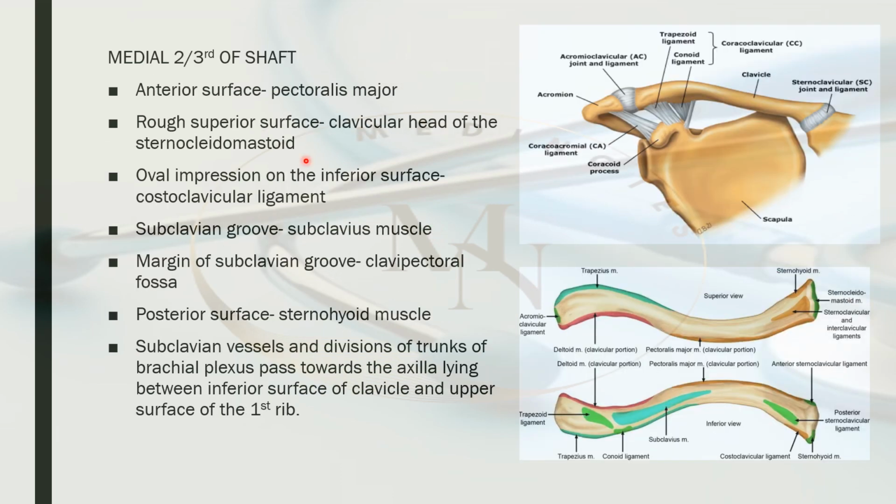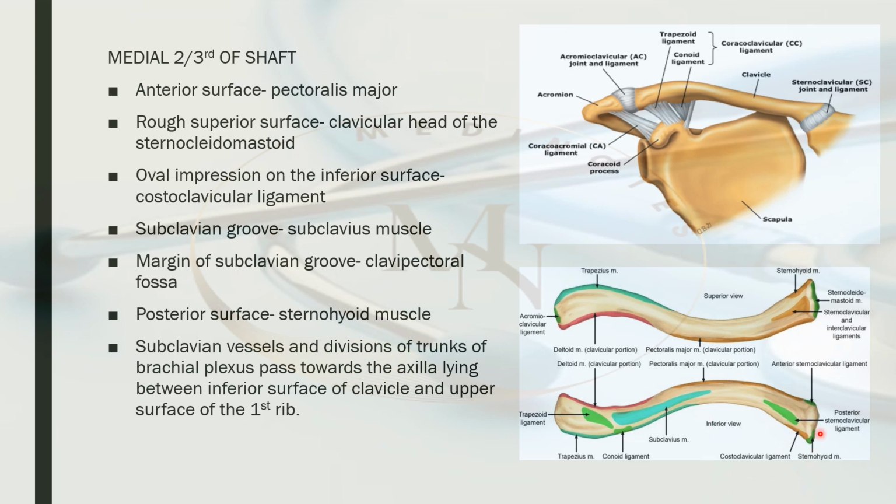Then when we go for the medial two third of the shaft, you would be seeing that the anterior surface has the pectoralis major covering. Pectoralis major, as I said, the anterior surface would be giving the pectoralis major portion. Then the rough superior surface would be giving the costoclavicular ligament, that is this portion over here.